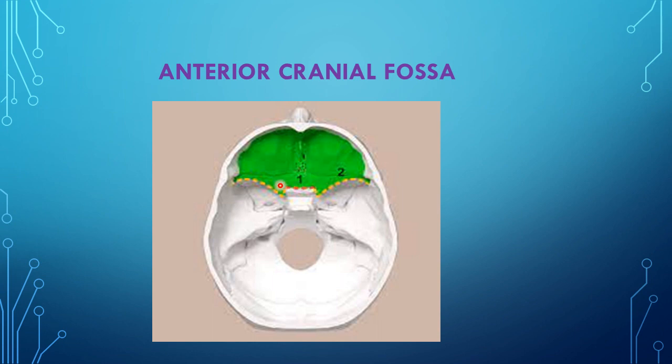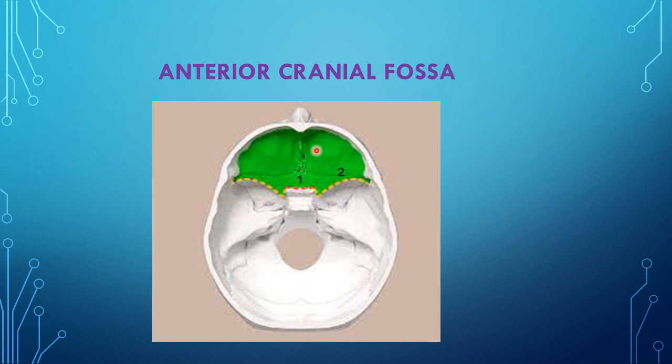Hence, the posterior border is formed by the posterior border of the lesser wing of sphenoid, the anterior clinoid process, and the anterior margin of sulcus chiasmatis, whereas the anterior and lateral borders are formed by the frontal bone.